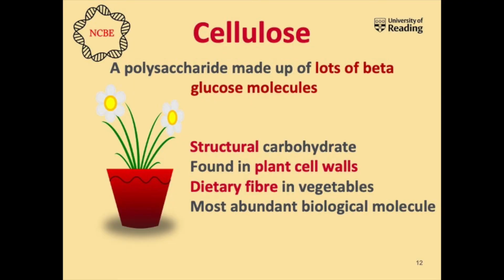Cellulose is found in the cell walls of plants, and it's a really good source of dietary fibre for us, which is why vegetables are really good sources of fibre, because they contain lots of cellulose. Cellulose is the most abundant biological molecule as it's found so abundantly in all of those plants.